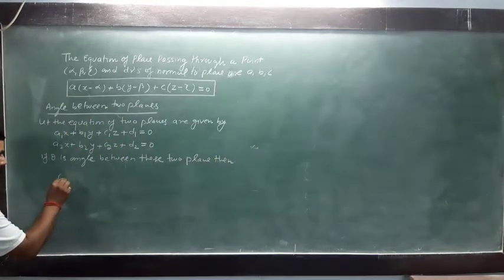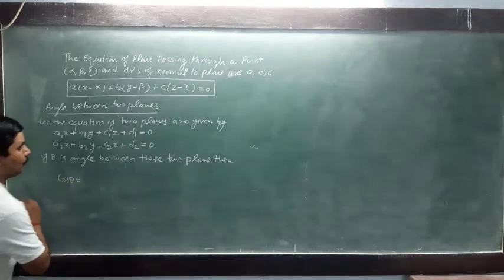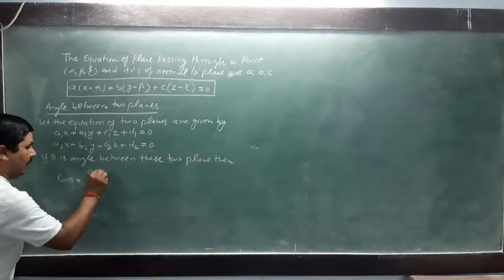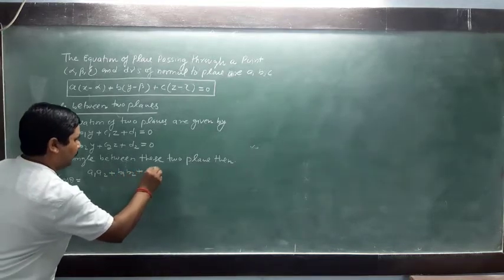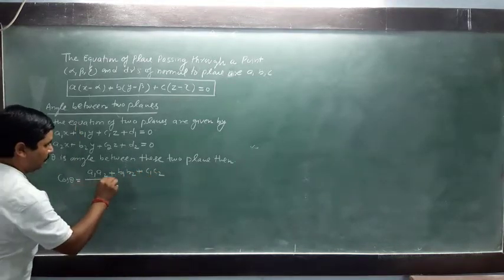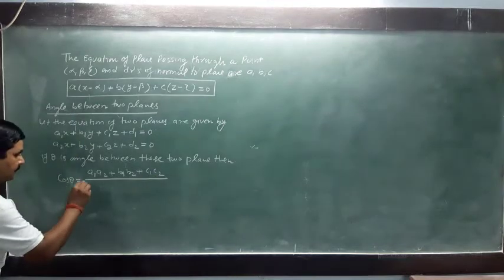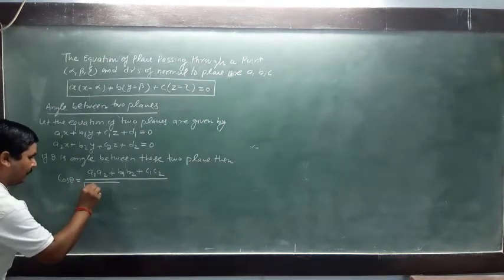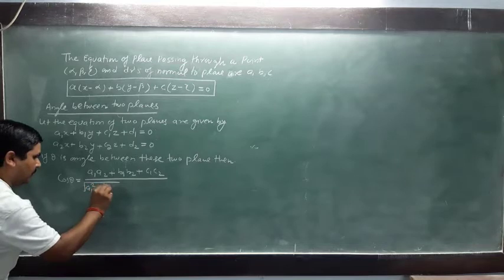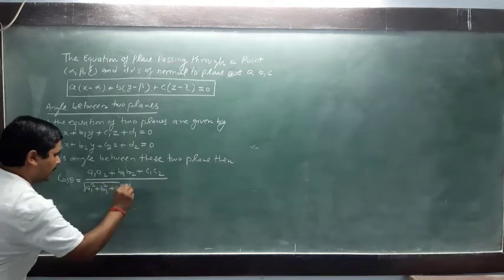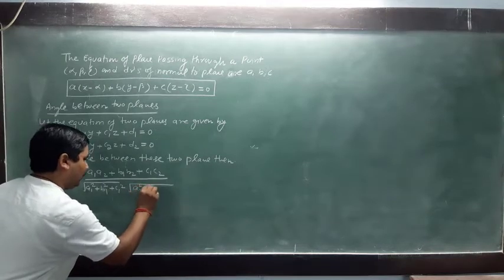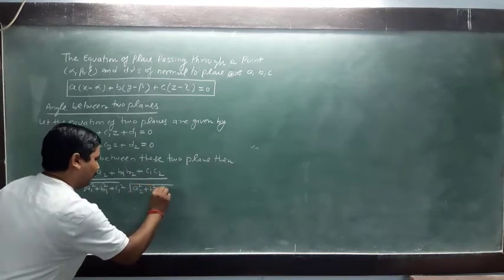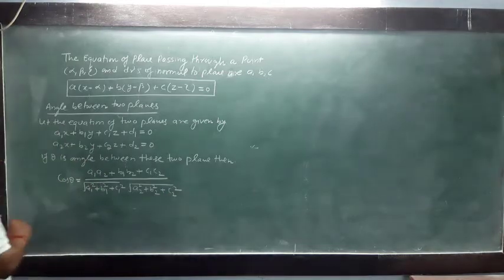Cos theta is equal to a1 a2 plus b1 b2 plus c1 c2 upon square root of a1 square plus b1 square plus c1 square and square root of a2 square plus b2 square plus c2 square.